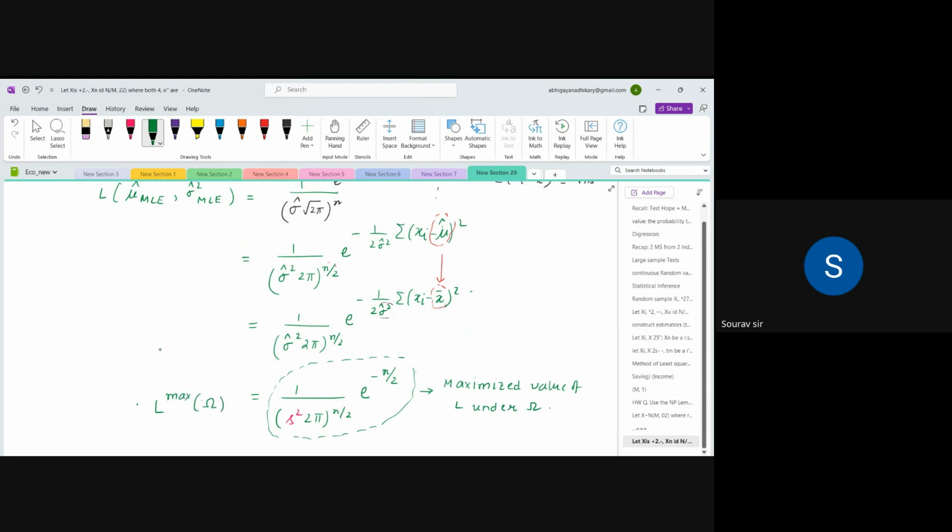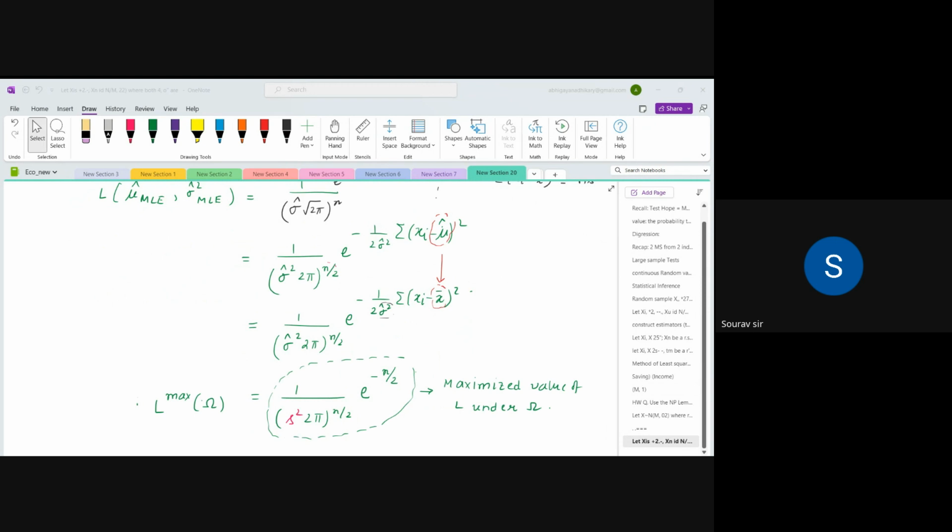The maximum value of the likelihood function under the general parameter space. Okay, is it fine? Any questions from anyone?